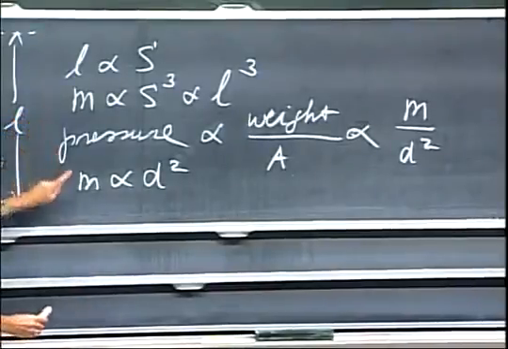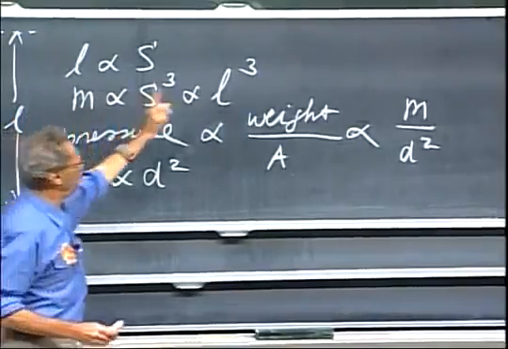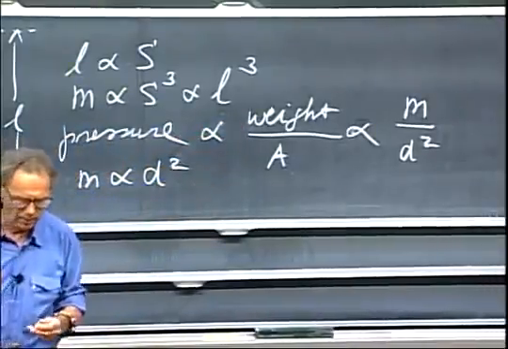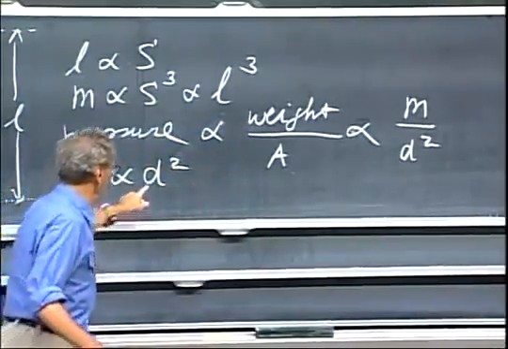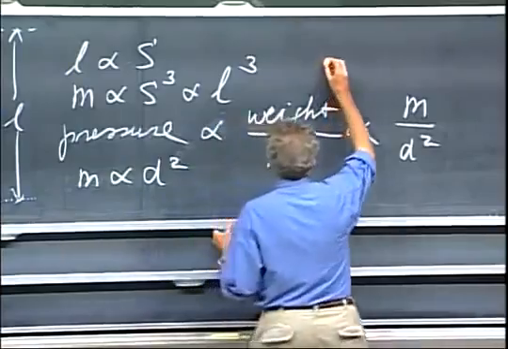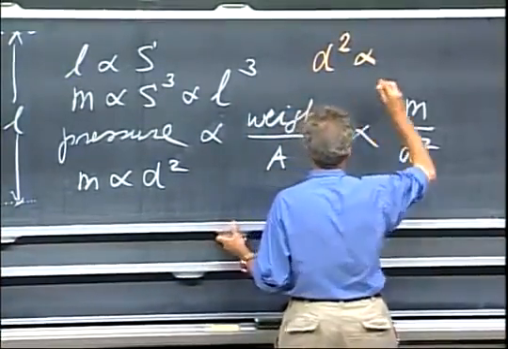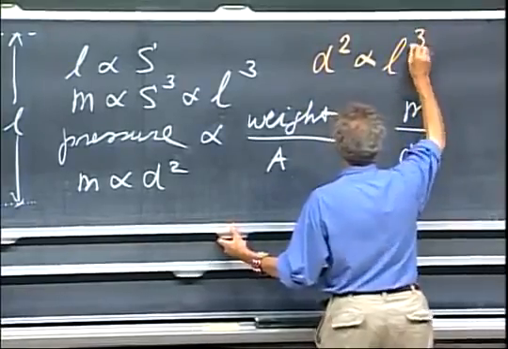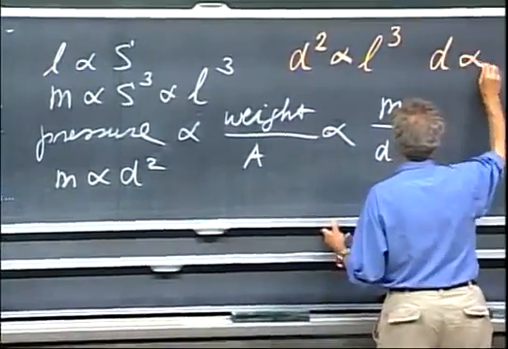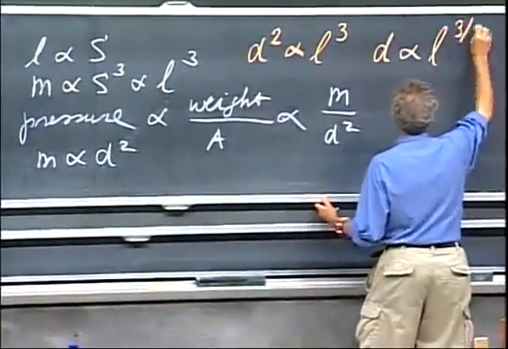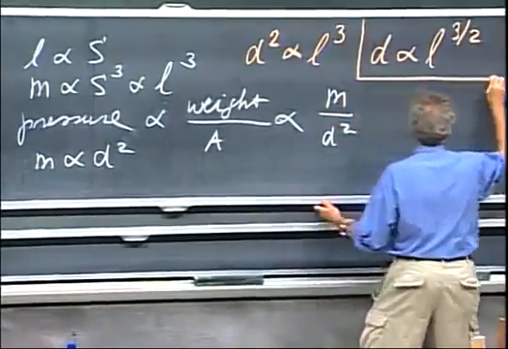Now compare these two. The mass is proportional to the length of the femur to the power 3 and to the thickness of the femur to the power 2. Therefore, the thickness of the femur to the power 2 must be proportional to the length L to the power 3, and therefore the thickness of the femur must be proportional to L to the power 3/2.